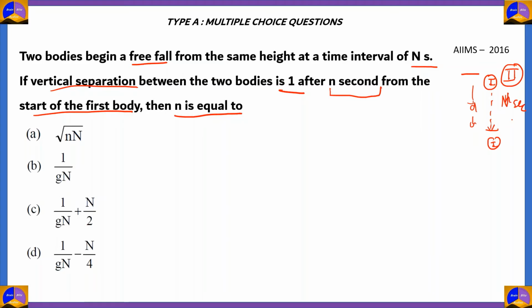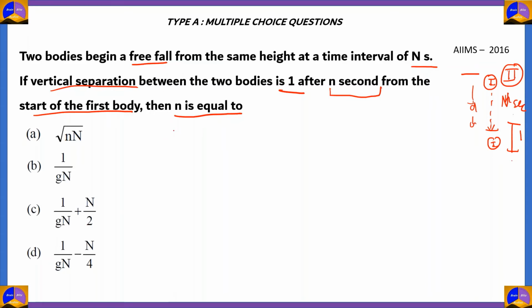Now after small n seconds of the dropping of the first body, we know that the distance between the second body and the first body will be equal to 1. And we need to find out the value of lowercase n.